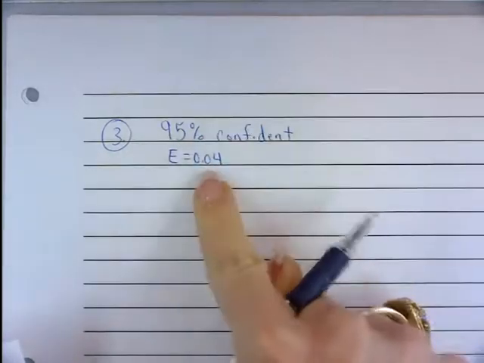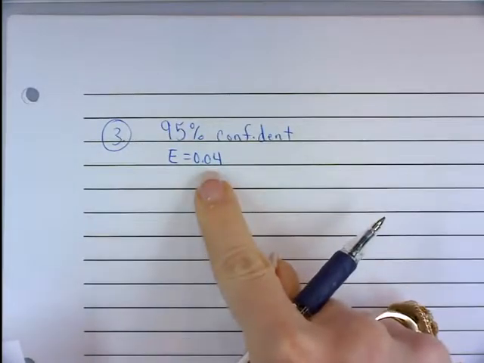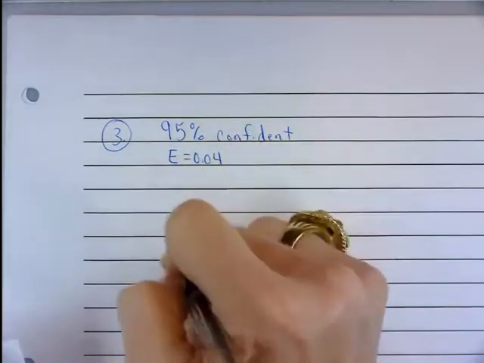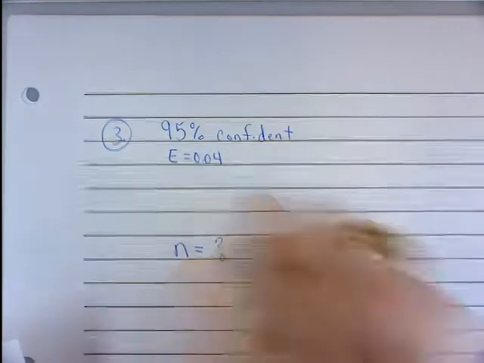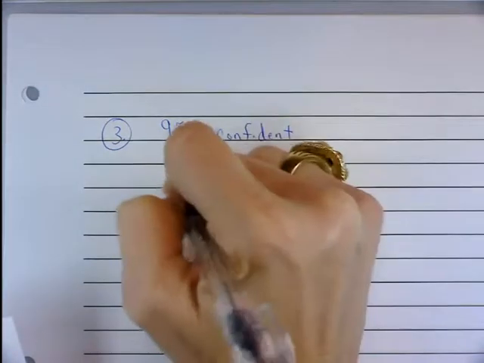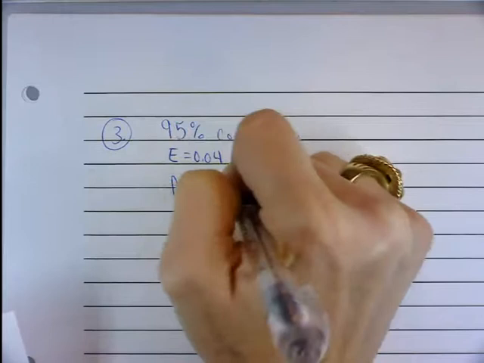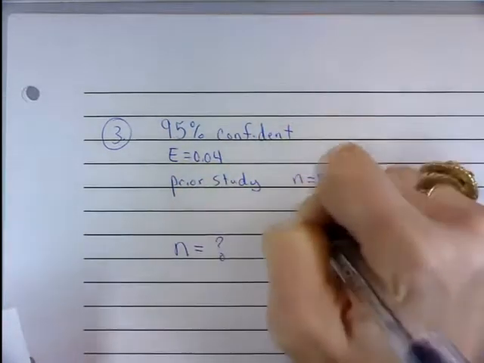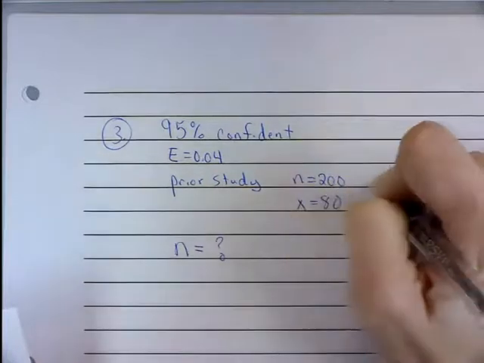So the maximum difference between P hat and P is 4%. Find the sample size, question mark, if in a prior study to this, not this same study, out of 200 people, 80 traveled overseas.